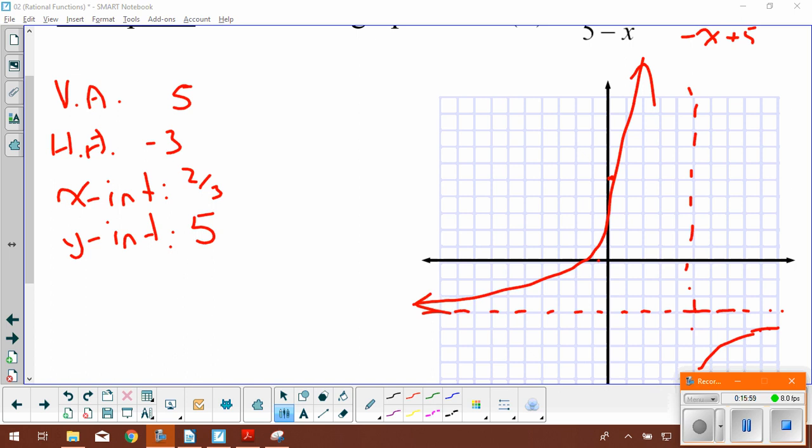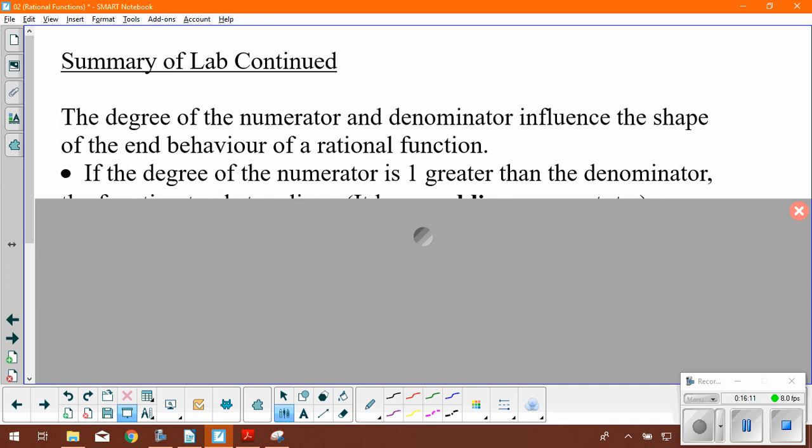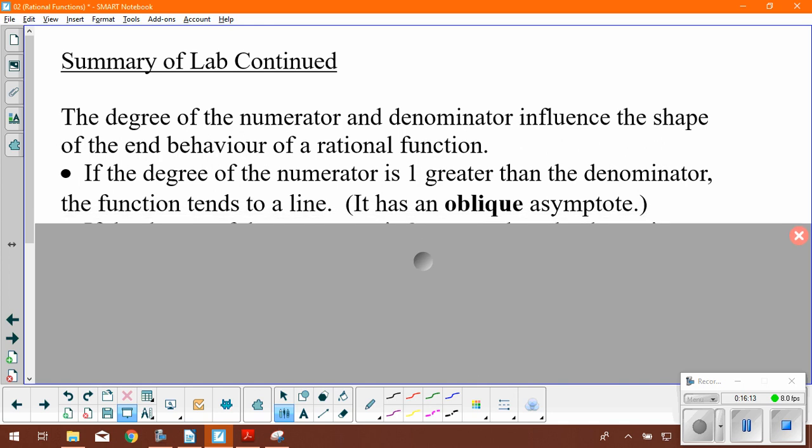Okay, so continuing on. Next thing, and again, this is kind of on your sheet, right? The degree of the numerator and the denominator influence the shape and behavior of a rational function. This is going into a little bit more detail. If the degree of the numerator is 1 greater than the denominator, then the function tends to a line.